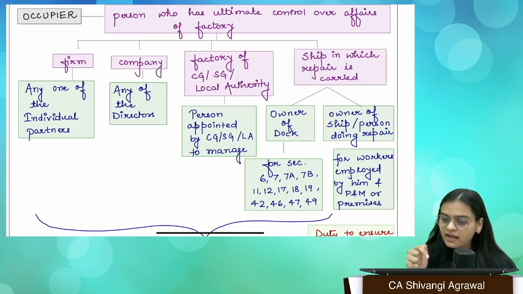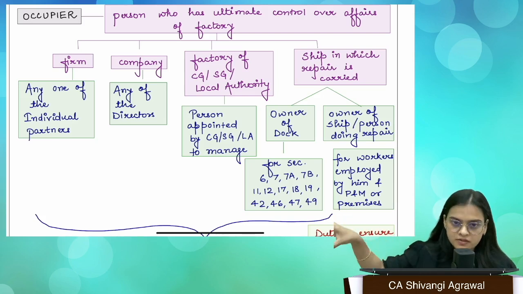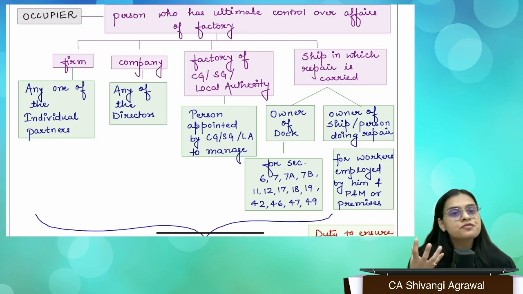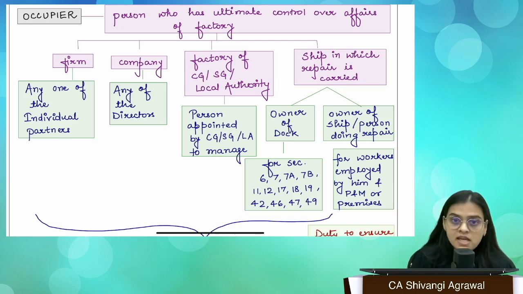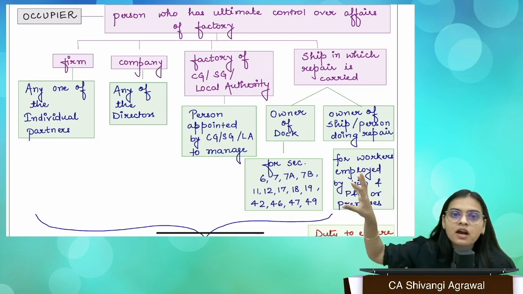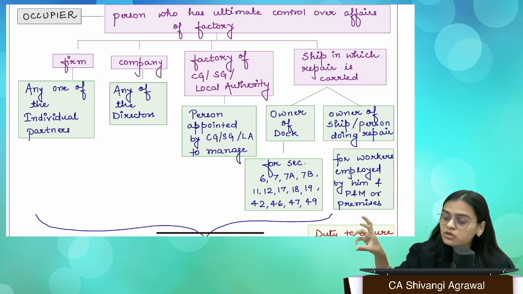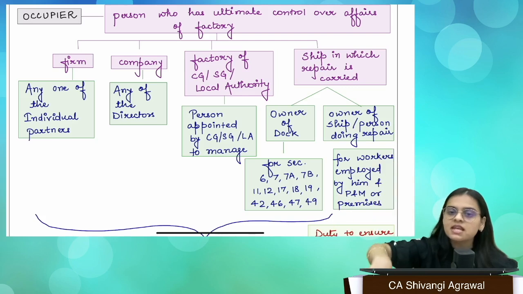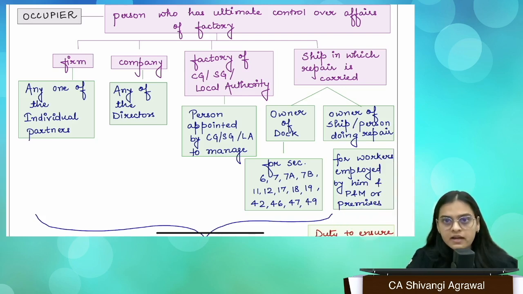Now, any of the directors may be entrusted or delegated the authority to control this particular factory. So that particular director becomes the occupier. So if it is a firm, any of the individual partners; if it is a company, any of the directors; if the factory belongs to the central government, state government or local authority, then whatever person is appointed by that central government, state government or local authority.